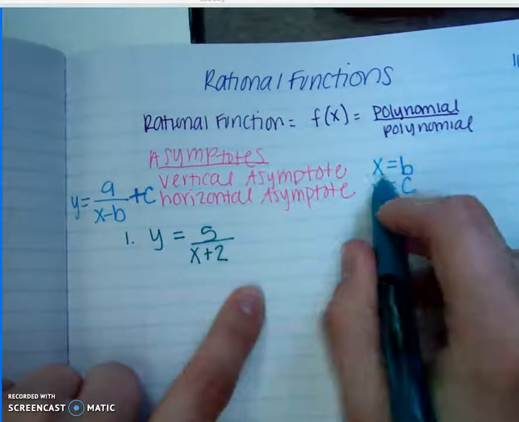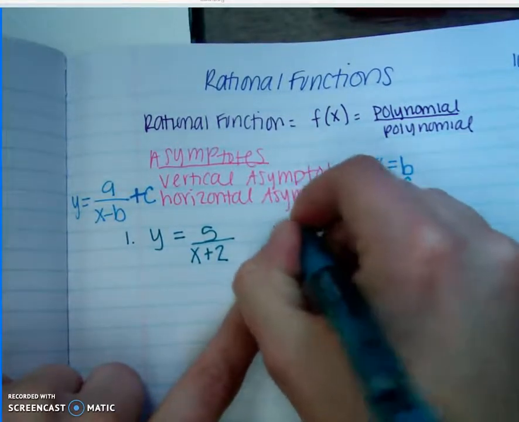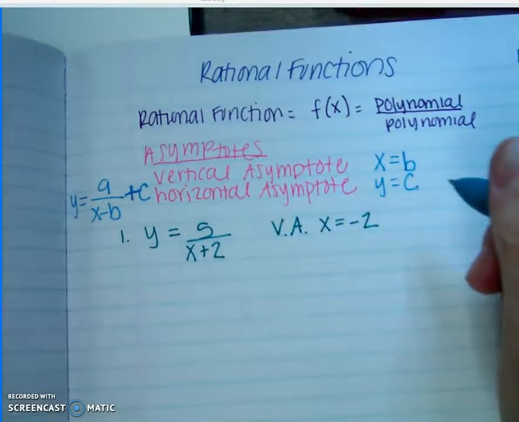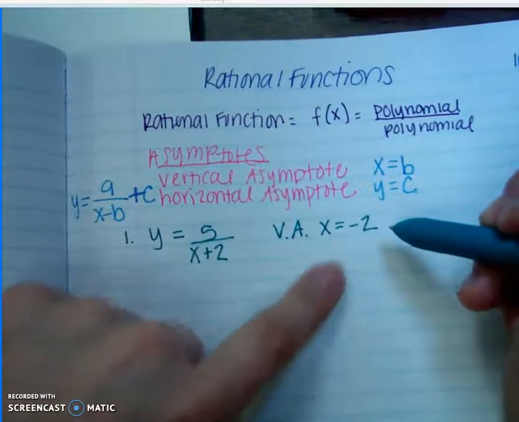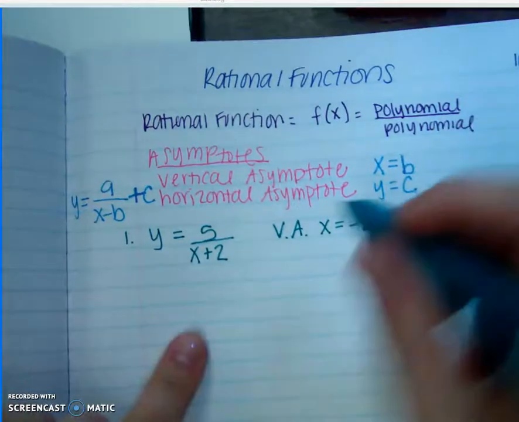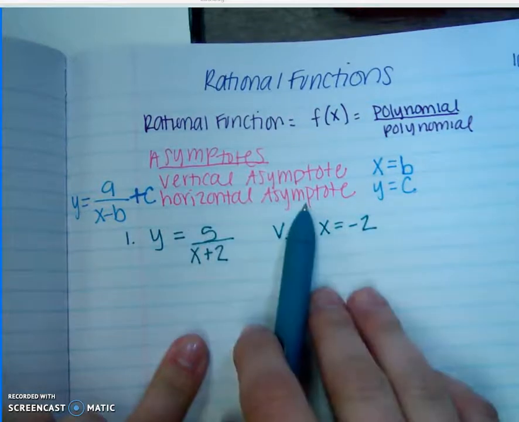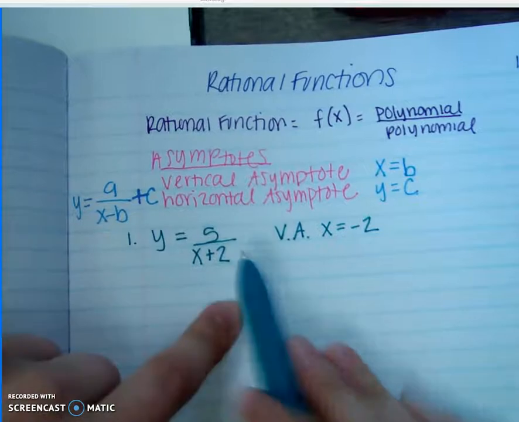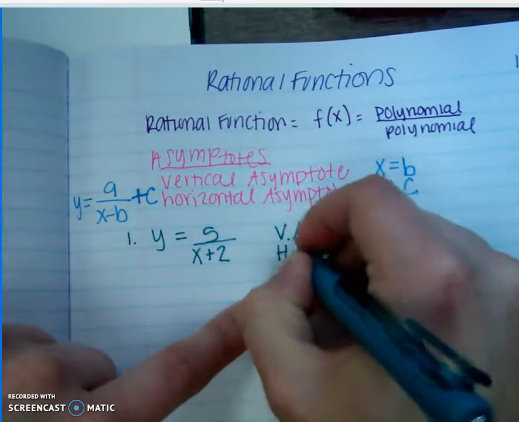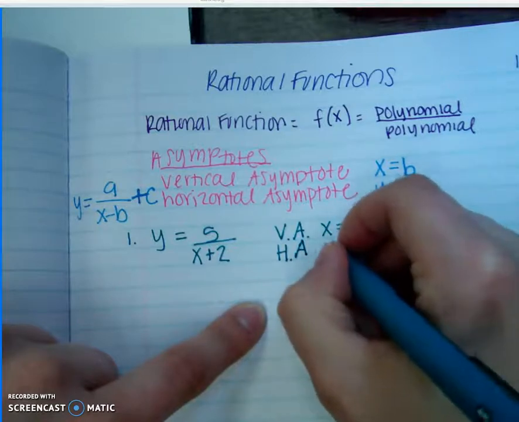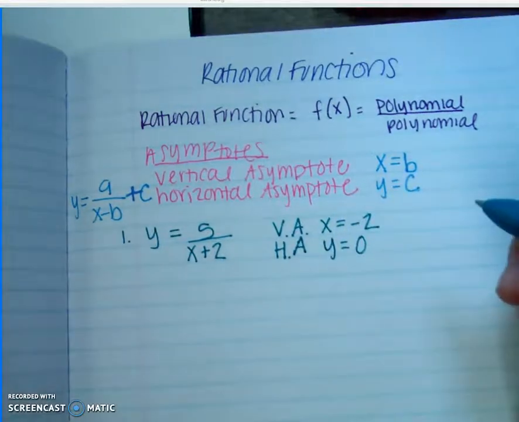So our vertical asymptote is x equals negative 2. I know it's what x can't equal, but in this case, that is what it equals, but we understand. And then the horizontal asymptote, remember, it's that constant next to it. There is no constant. So the horizontal asymptote is just 0.